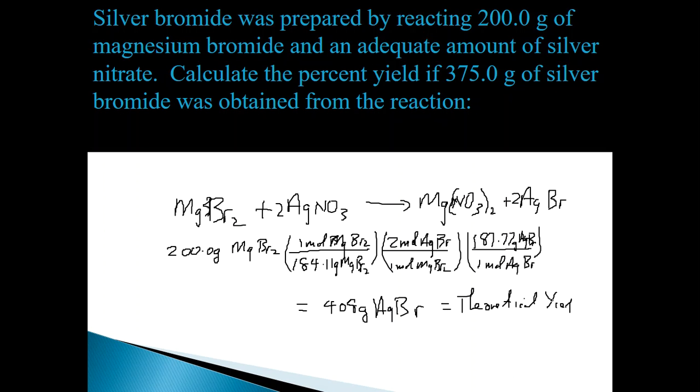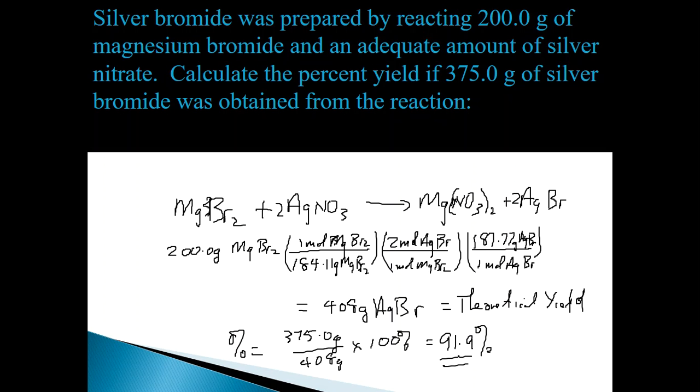So to get the percent yield, it would be equal to the actual yield, which is given above here, 375.0 grams, over 408 grams, which is the theoretical yield. And you work that out, 375 divided by 408 times 100, and according to my calculation, this works out to be equal to 91.9%, which is pretty good as far as percent yields go.